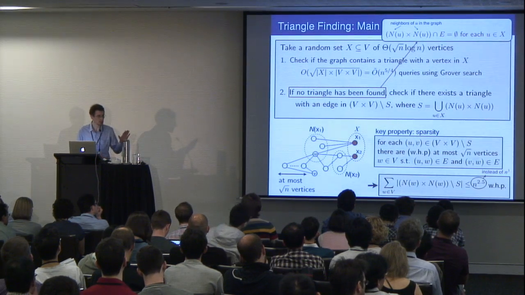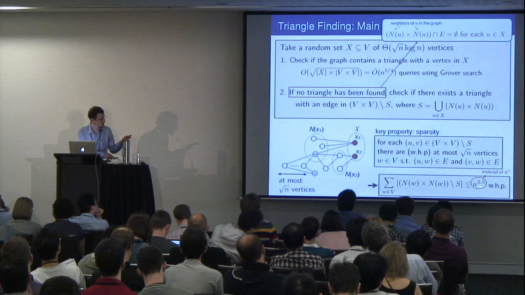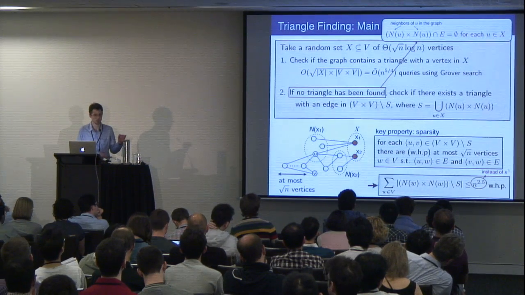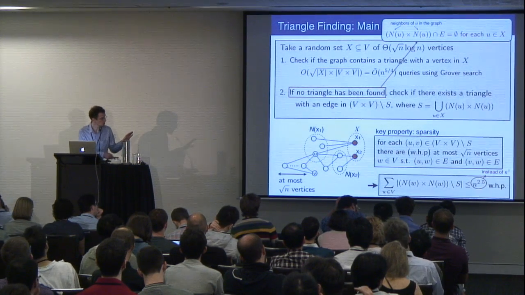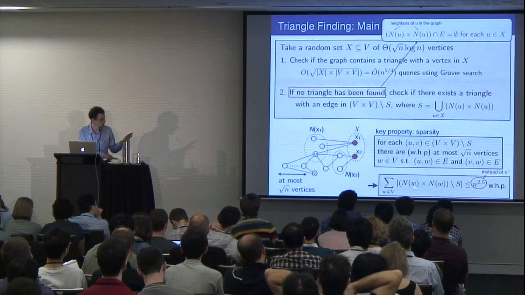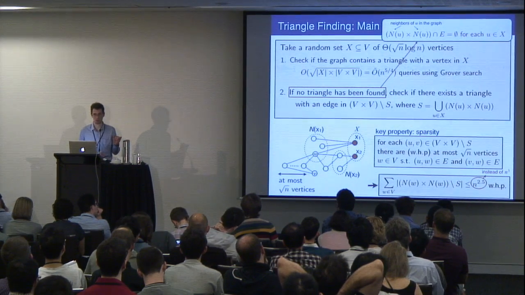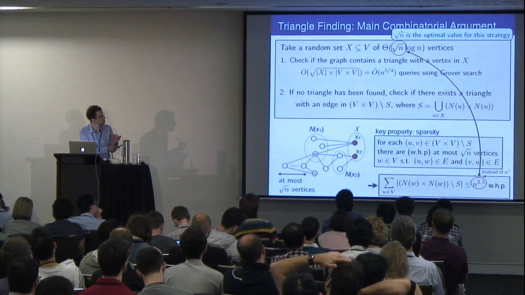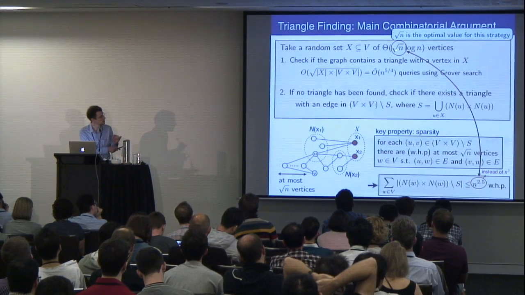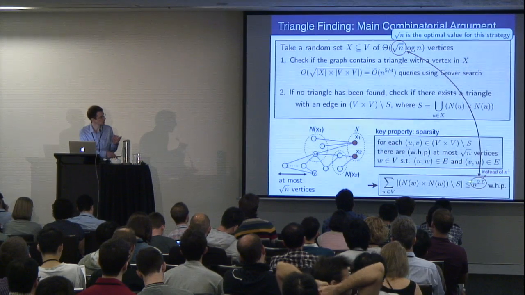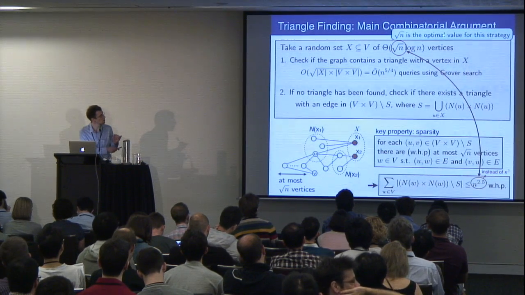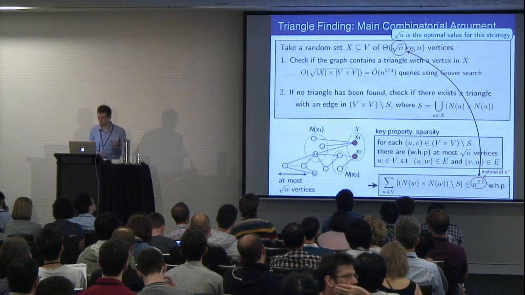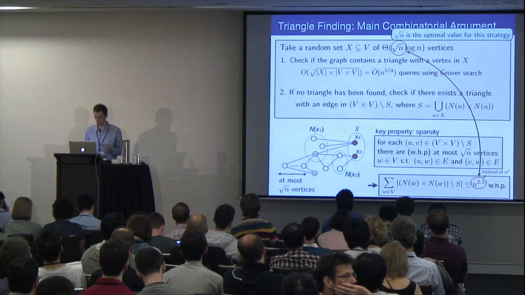The important thing here is that the trivial upper bound on this sum is n cubed. This means that this key property implies sparsity for these sets. And the precise value here, the exponent 2.5, depends on the size of large X, and we choose square root n here, giving n to the 2.5, because square root n is the optimal value for this strategy.